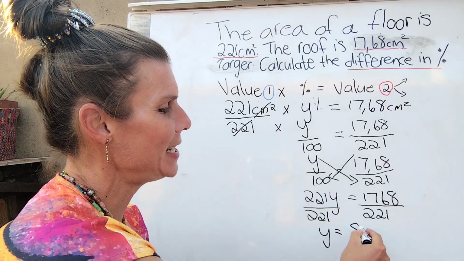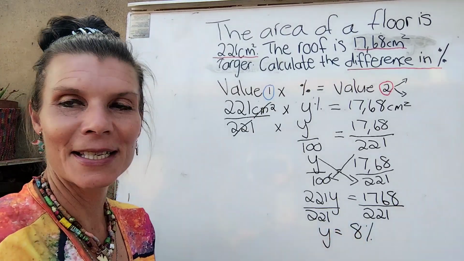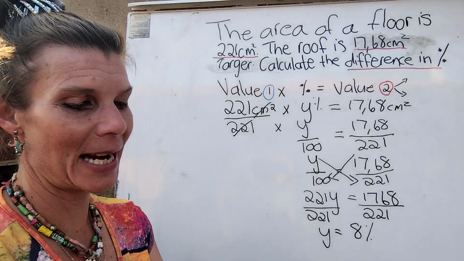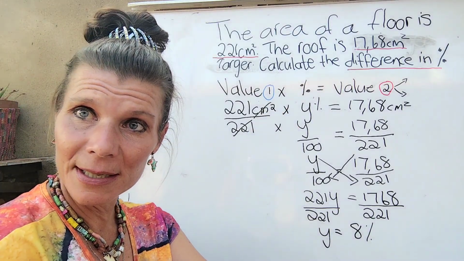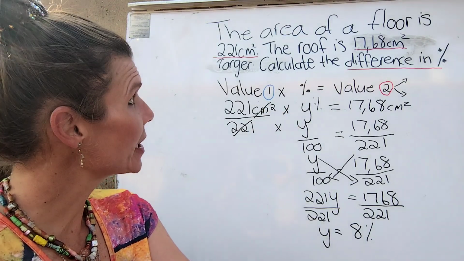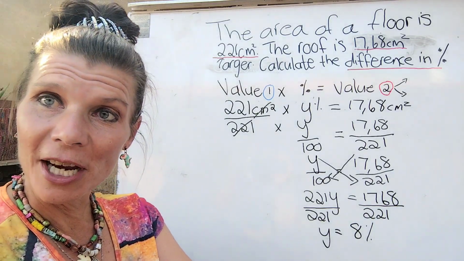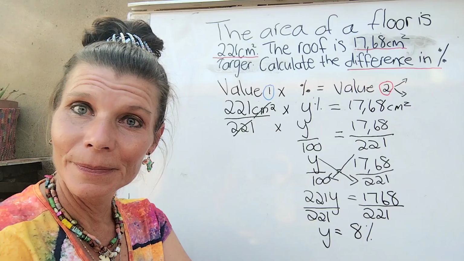Gives me 8%. And there I go. So calculate the difference in percentages. So the roof is 8% larger than the floor.